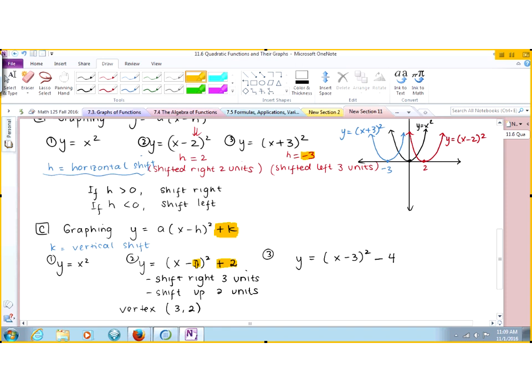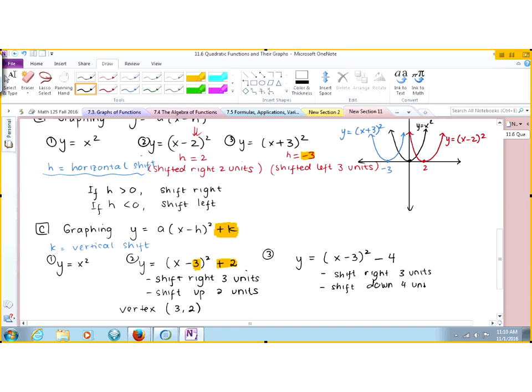So 3, 2. Good. So you could actually read it. Your vertex is (h, k). Isn't that right? Now, what about the second one? What type of shift do you think happens here? Shift right 3 units? Okay.